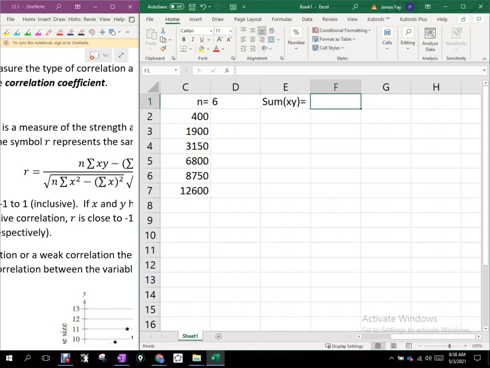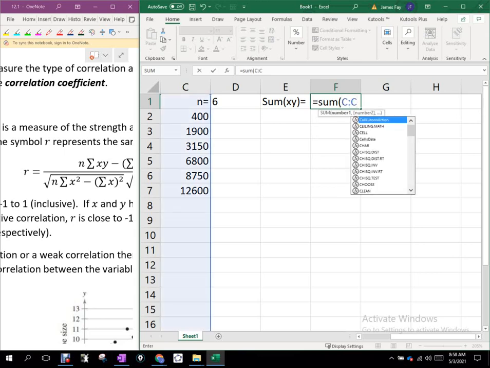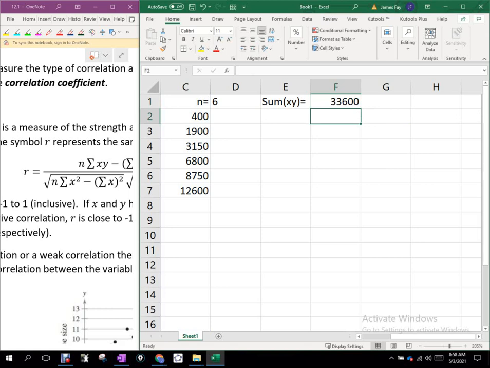Then I'm going to hit equals and then sum of C to C. Even though there is a header in that column C, it ignores it, since it knows it is not a value to add, and adds those 6 values up. Okay, so you got the sum of xy.